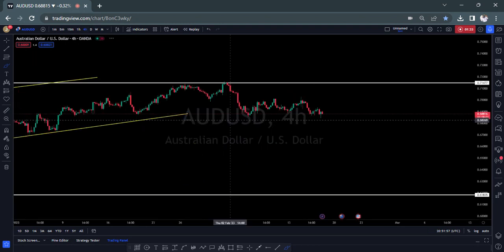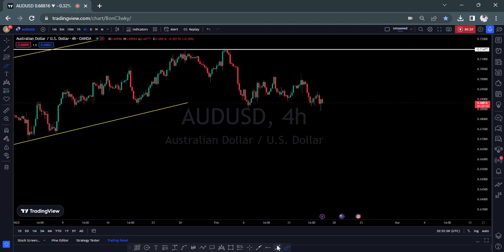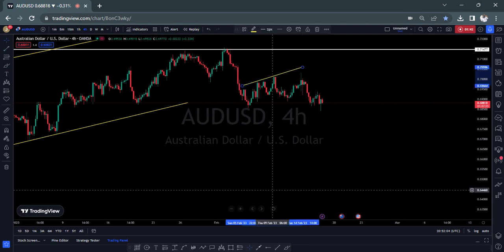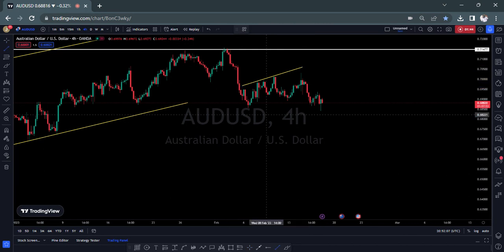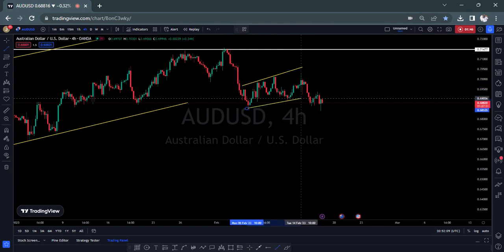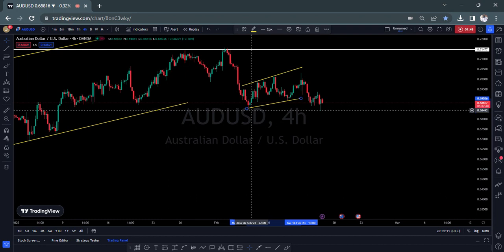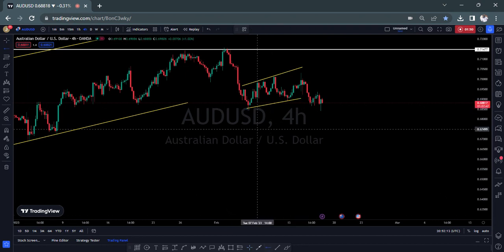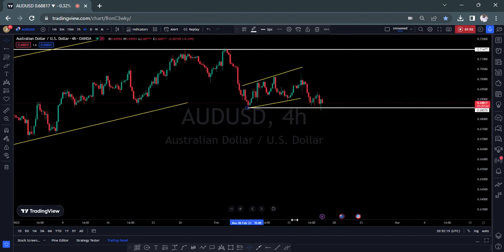So let's go to the 4 hour. Yeah, this is the 4 hour. Let's draw our pattern very well. You can see this ascending type pattern here. I think it already filled the 90% through here.